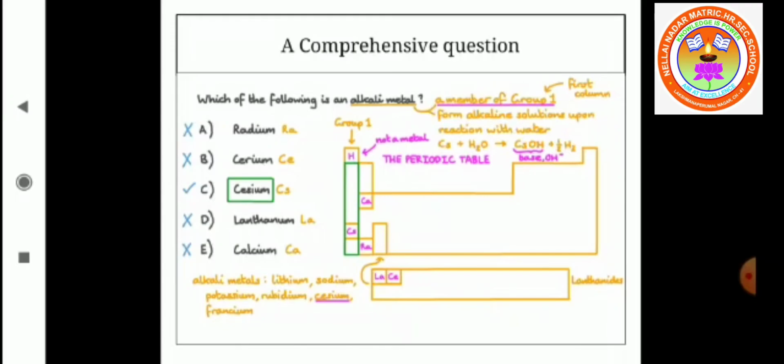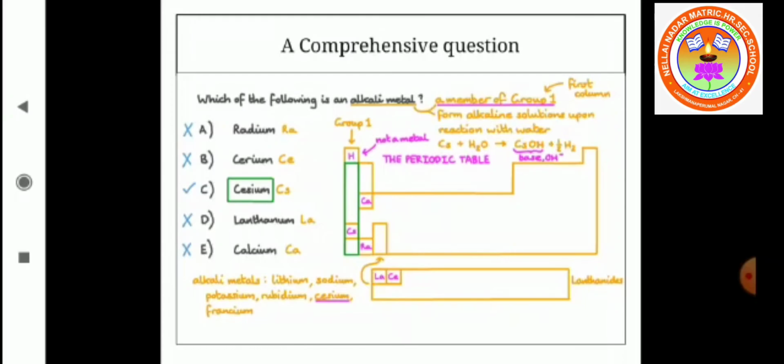Okay. Here 5 choices are given. First one is radium, then cerium, cesium, lanthanum, calcium. Okay, children. Near the elements, their symbols are also written. Radium, capital R, small a, cerium, Ce, cesium, Cs, lanthanum, La, calcium, Ca.